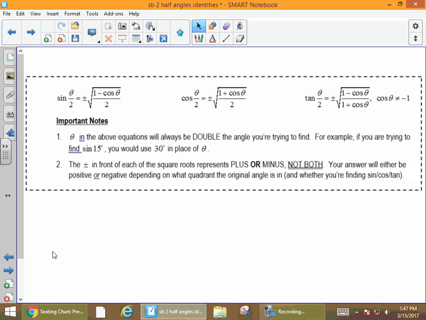So that's the only reason why we can't have cosine equal to -1 for tangent. Cosine of -1 happens at pi, which would give pi over 2, and tangent of pi over 2 is undefined. So it shouldn't be given to you anyway, so you typically won't have to worry about that. But if you ever use this in the future, just remember you can't have cosine as -1. We're going to work through an example to start off with something familiar to see how they work, and then we'll do some things that are unfamiliar to us.